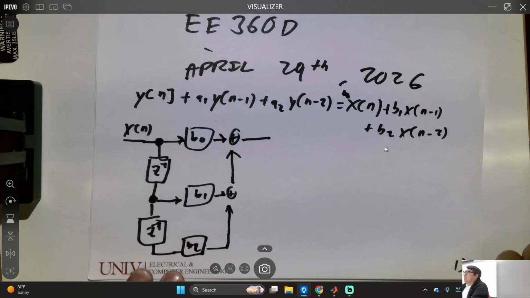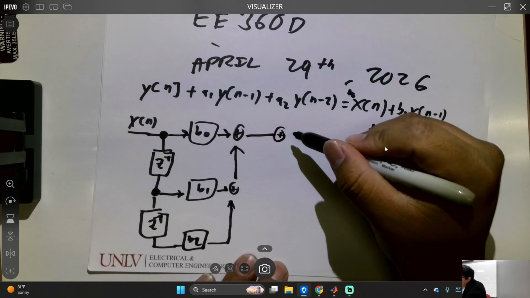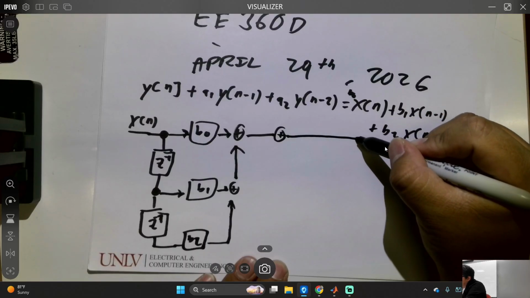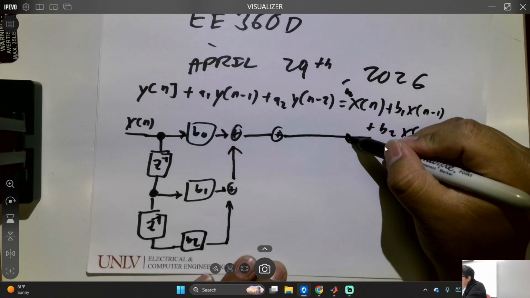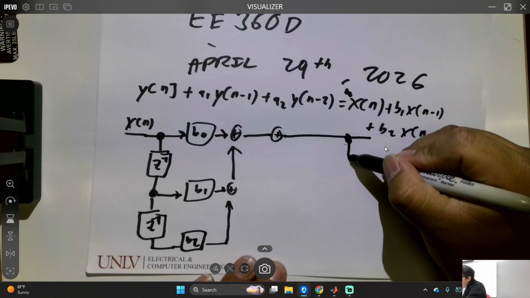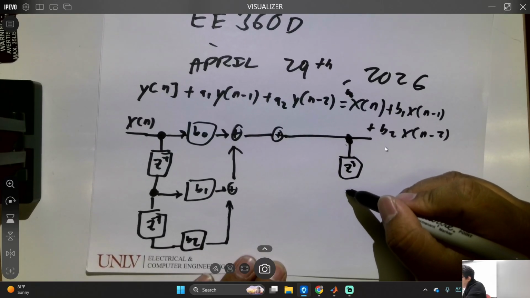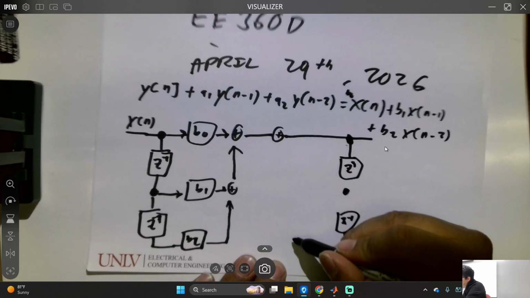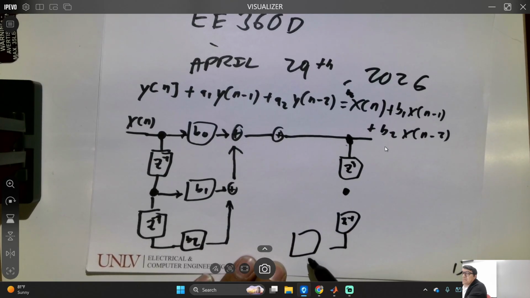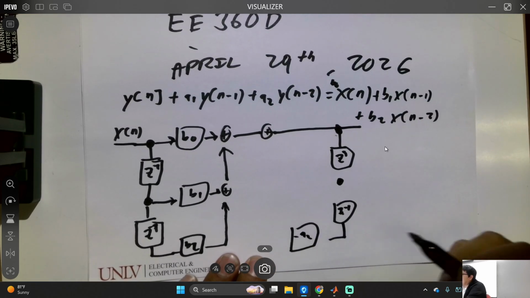That's the first half of the direct form 1 block diagram, the feed forward. Then we draw the feedback paths like this, z minus 1, and then a dot here, z minus 1. What am I going to write here? Minus a2.